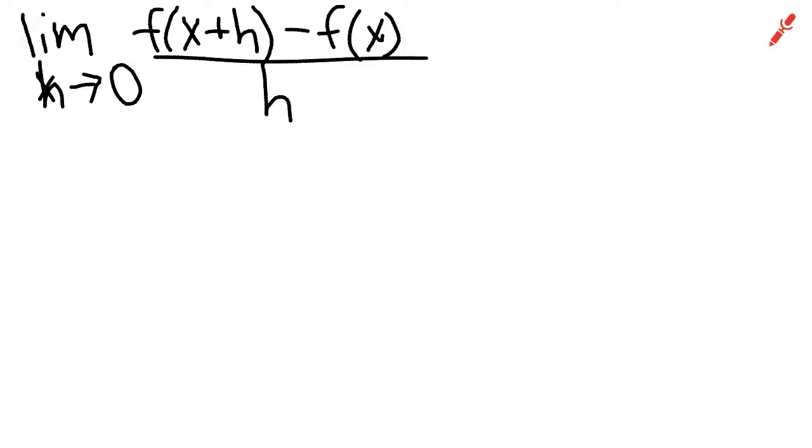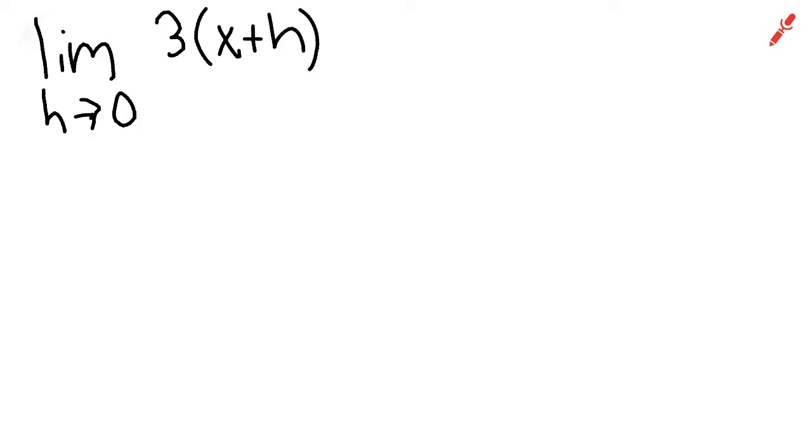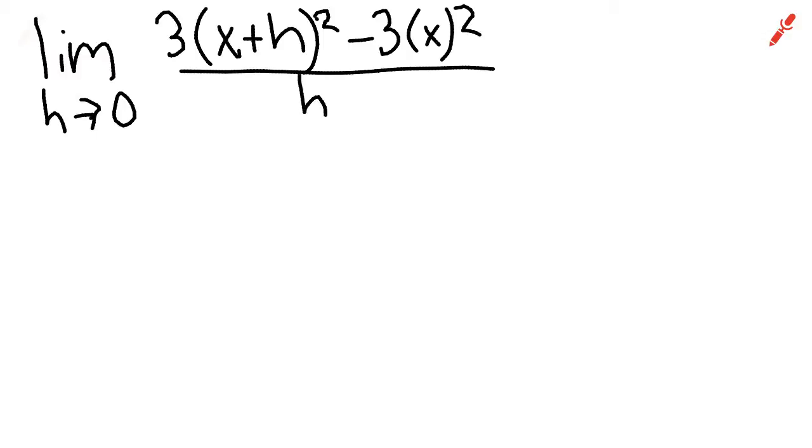We must apply this limit process to both equations. Let's start with 3x squared: limit h to 0 of 3 times x plus h squared minus 3x squared over h.